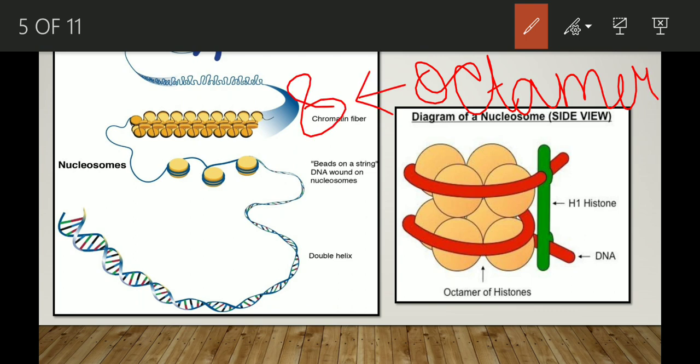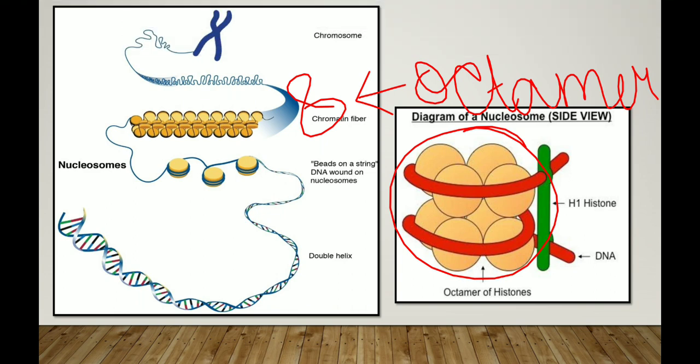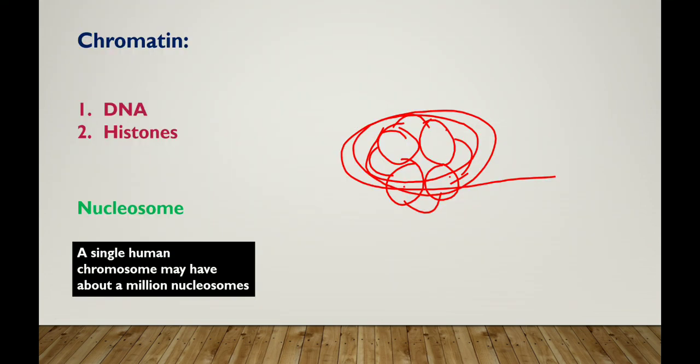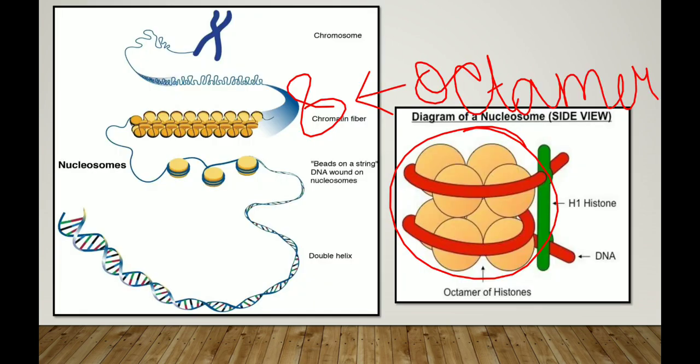Octa means 8, that's why it is called an octamer. An interesting fact is that a single human chromosome contains about a million nucleosomes.